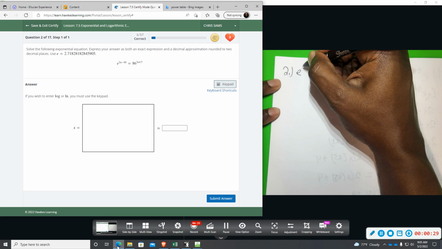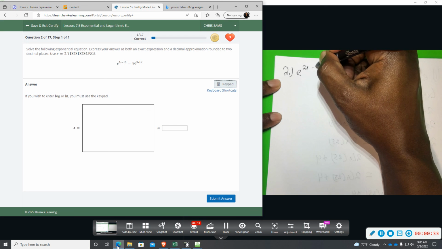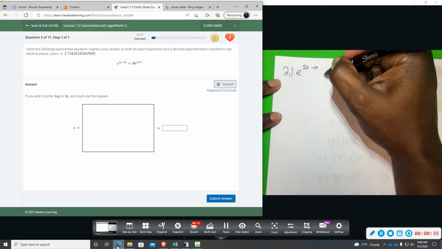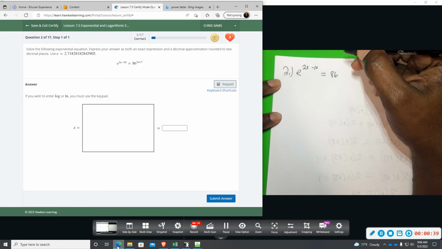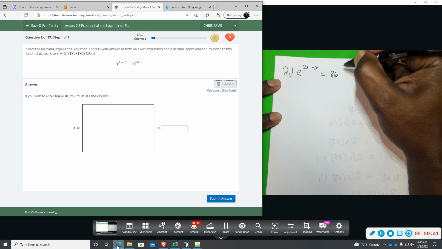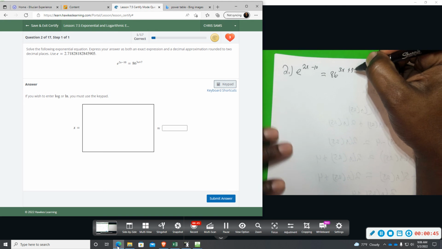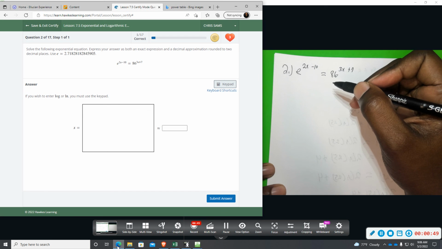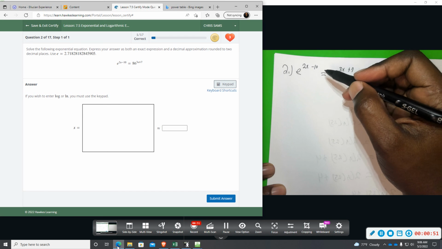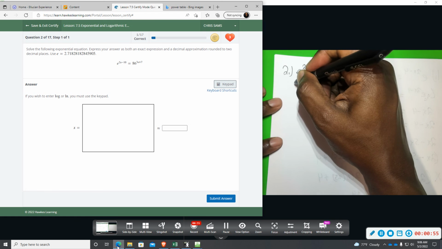e to the 2x minus 10 equals 86 to the 3x plus 7. All right, so what I'm going to do is take the natural log of both sides, since I have a base of e.